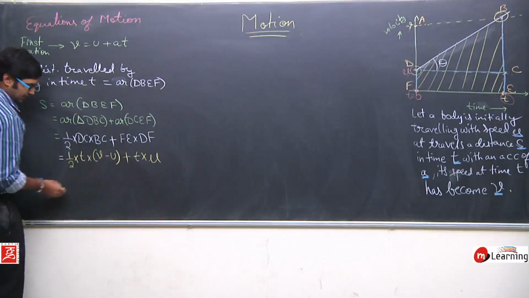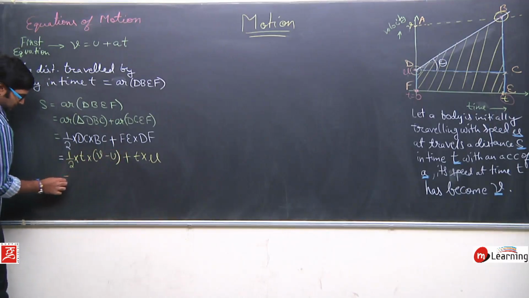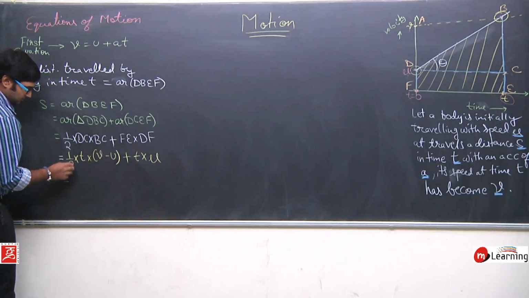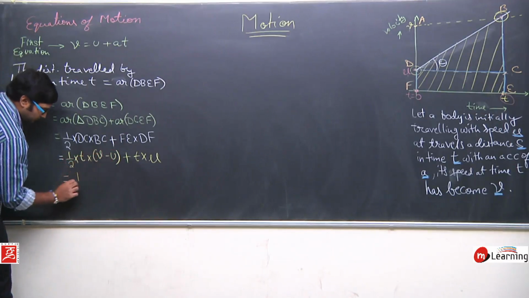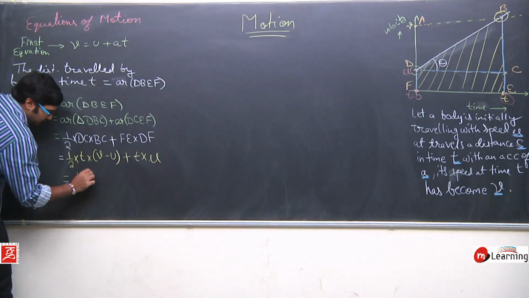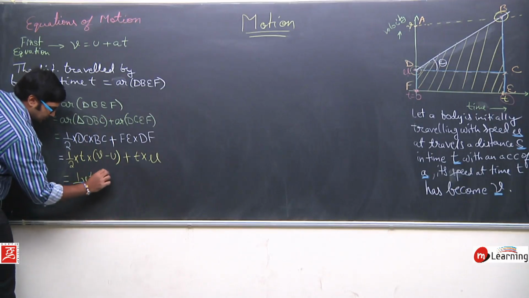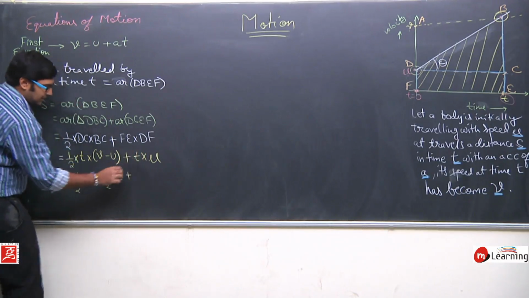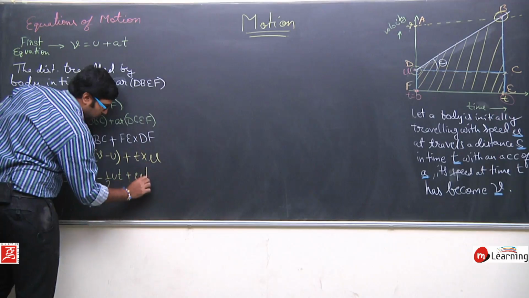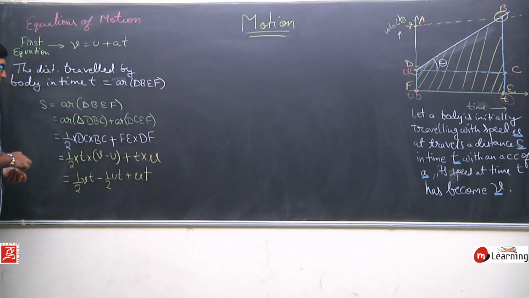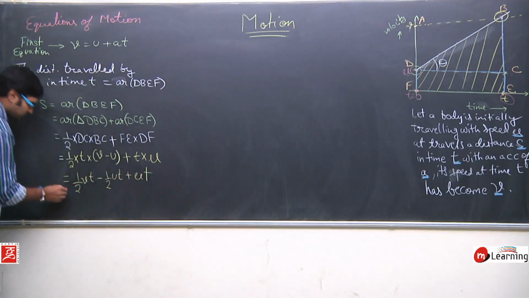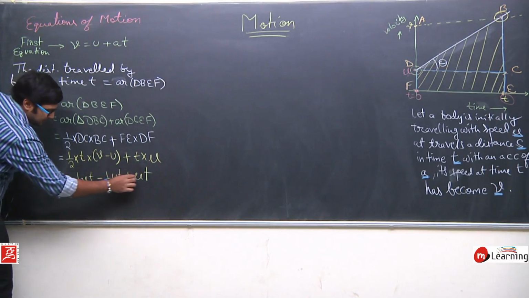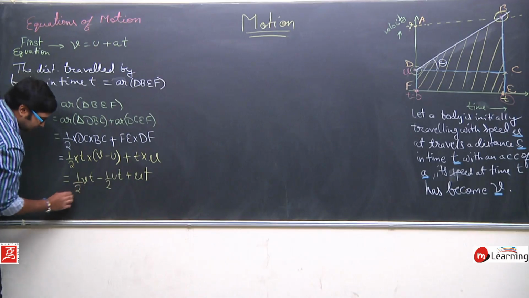So we got this condition. Now let's simplify this condition. Now I can multiply this T and half in the bracket. So what I will get is half into V into T minus half into U into T, plus here I will get U into T, okay.